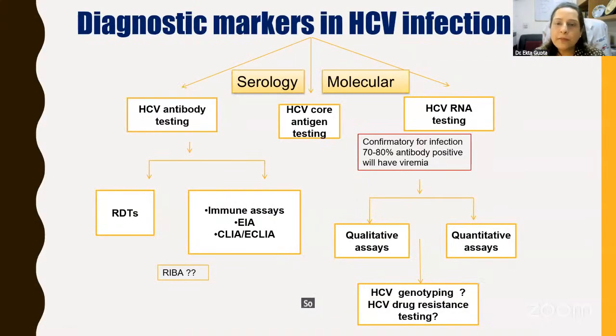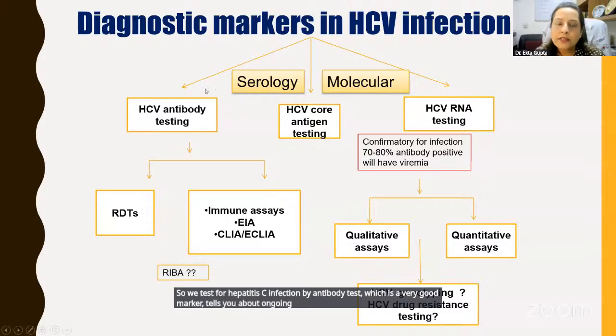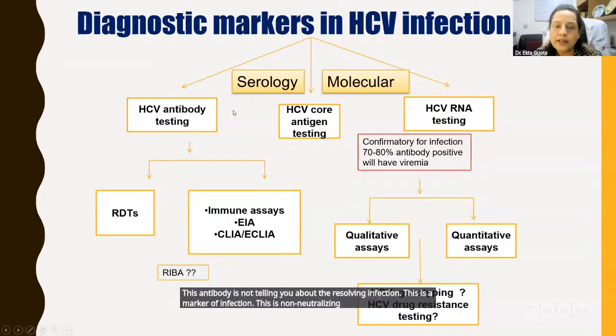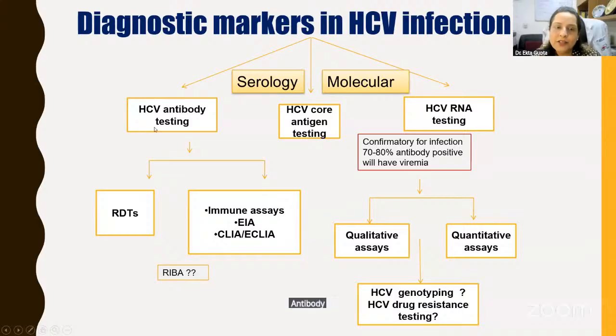So we test for hepatitis C infection by antibody test, which is a very good marker and tells you about ongoing infection. This antibody is not telling you about a resolving infection. This is a marker of infection. It is non-neutralizing. This is not telling that the person has acquired protective antibody to the antigen. It is telling you that there is an infection happening.